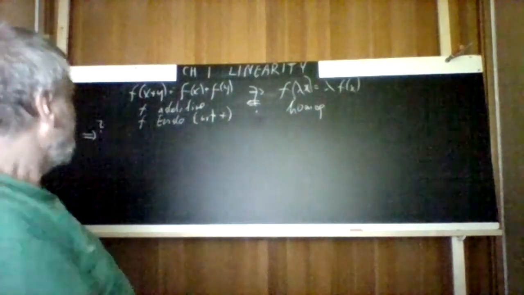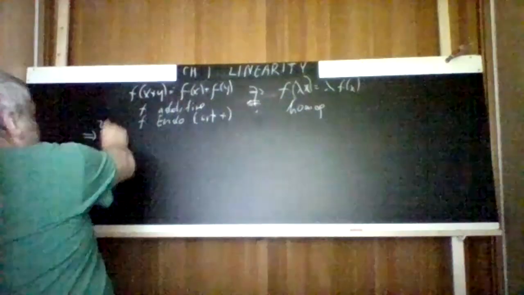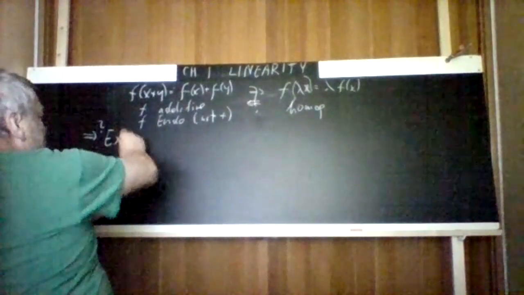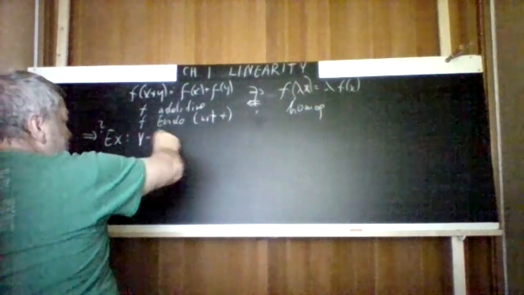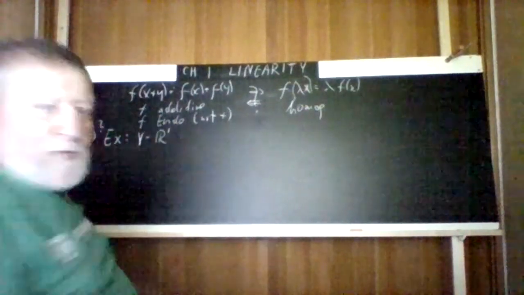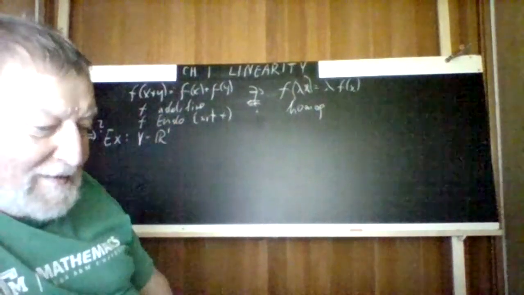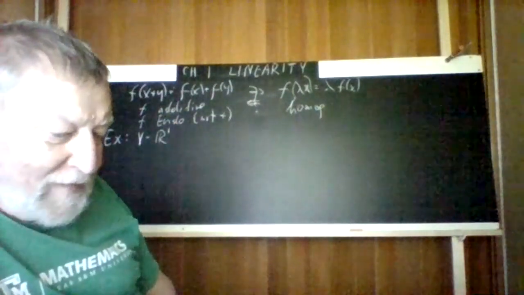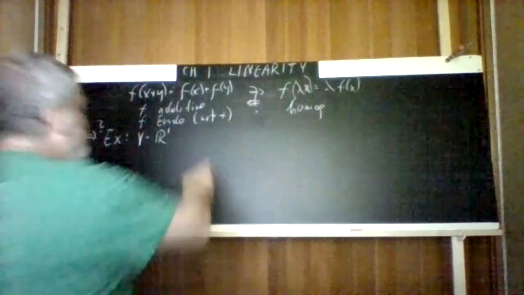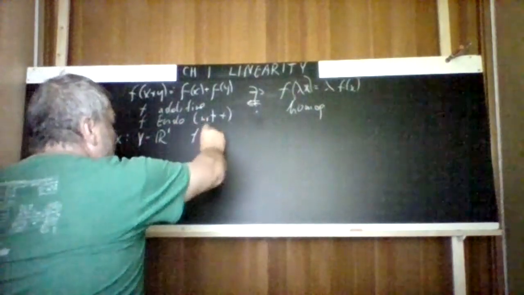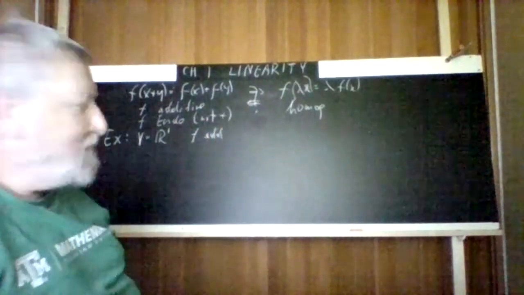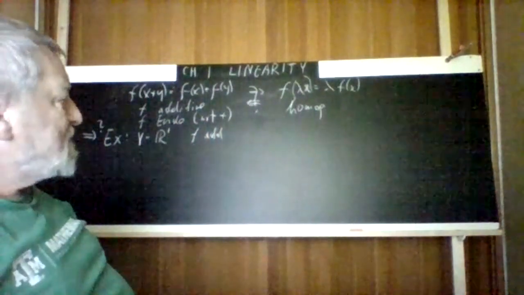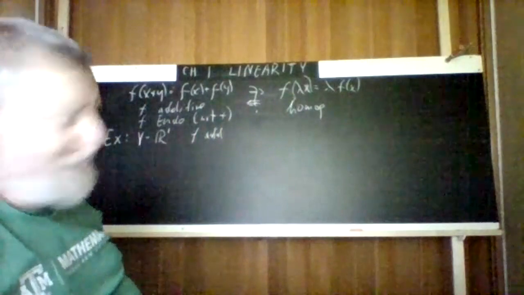Let's take a vector space V, maybe the real numbers, as a one-dimensional vector space over itself. And suppose f is additive, then we might look if f is also homogeneous.